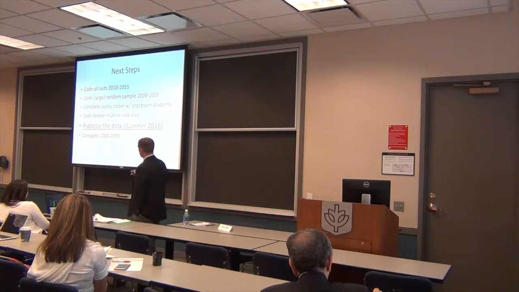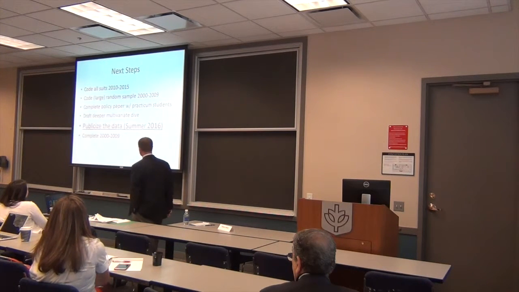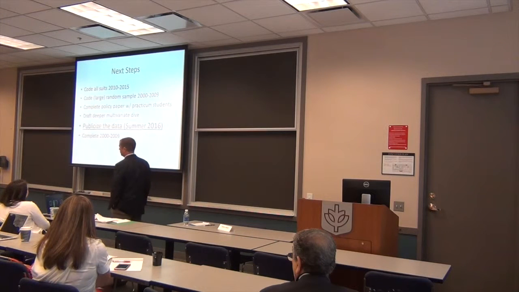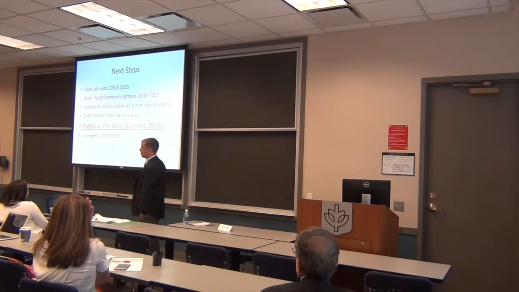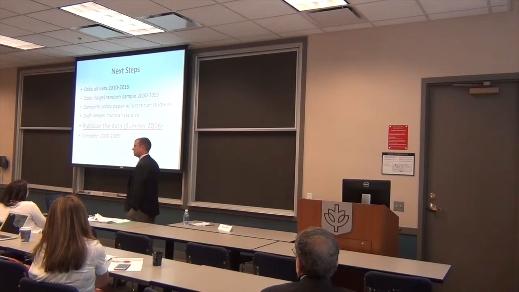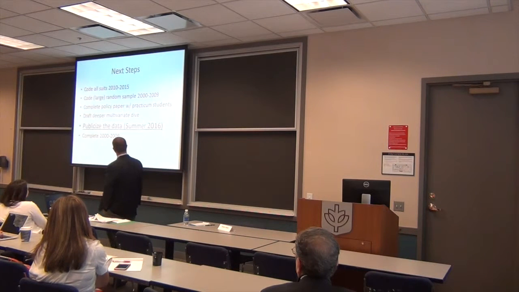Next steps over this next academic year: code all lawsuits from 2010 to 2015, which is not going to be as big a job as you think. Code a large random sample, maybe 20%, for all the earlier years, and make the work of the RAs a little worthwhile by helping them draft a white paper, a policy paper, and hopefully give them an opportunity to present that to policymakers.